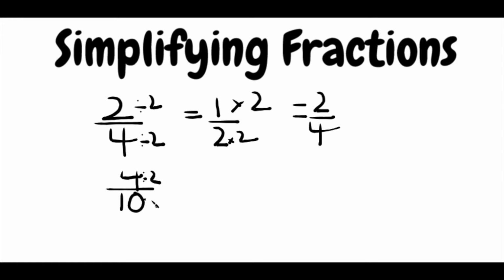You can do 10 divided by 2. And so 4 divided by 2 is going to be 2. And 10 divided by 2 is going to be 5, okay? And so now this is in simplest form, okay? If you do 2 divided by 2, you get 1, but you can't do 5 divided by 2. That's not going to work evenly, right? That's going to give you a decimal. It's going to give you a weird number that we don't want to work with. So we would say that that's in simplest form.